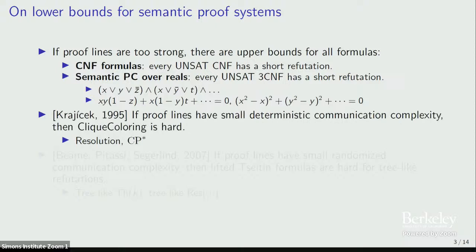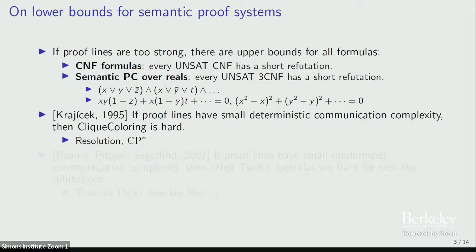Some other results: Krajíček noticed that if proof lines have small deterministic communication complexity, for example, in the model of two participants where some variables are known to one participant and some variables to the other, then in this semantic proof system, clique-coloring is a hard formula.